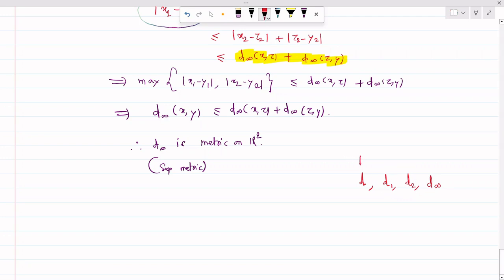The usual metric was defined on R, and all of these remaining metrics were defined on R2. Further, we will talk about the discrete metric. We will also learn about more detailed concepts of metric space. Okay, so stay tuned. Thank you.